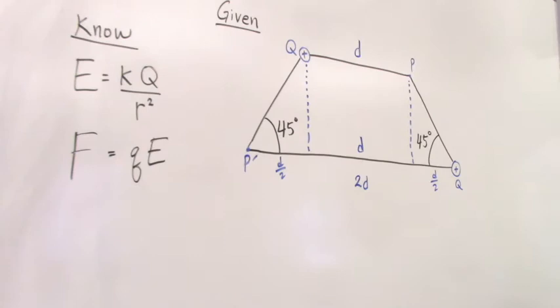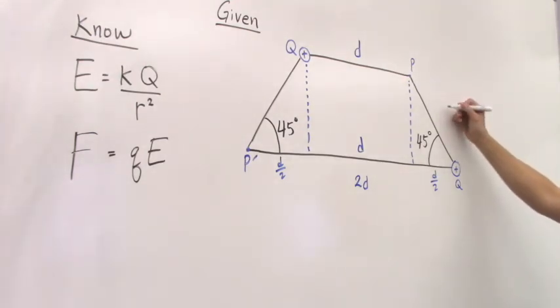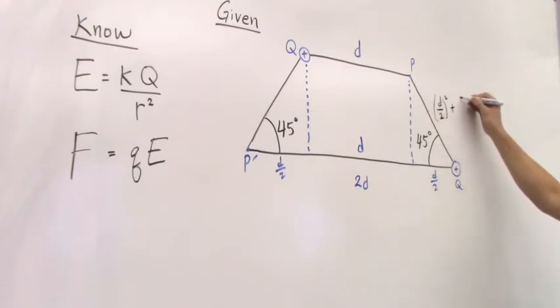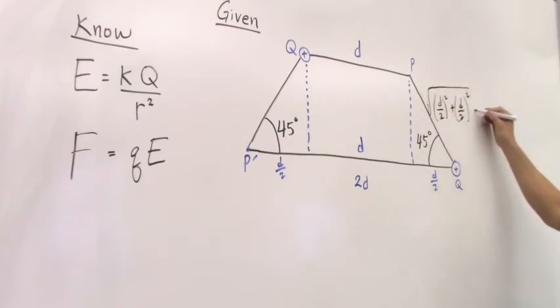Okay, now that we have this, we now know the side of this isosceles triangle. We know Pythagorean theorem. What is this going to be? This is going to be d over 2 squared plus d over 2 squared, the square root of that. That's your r. Agree?